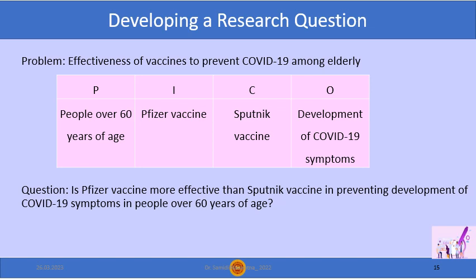Okay, so then formulate the PICO or the PICOT elements. PICO is an acronym that stands for, P stands for patient or the population or the problem. So define the characteristics of the patients or population you are going to study.